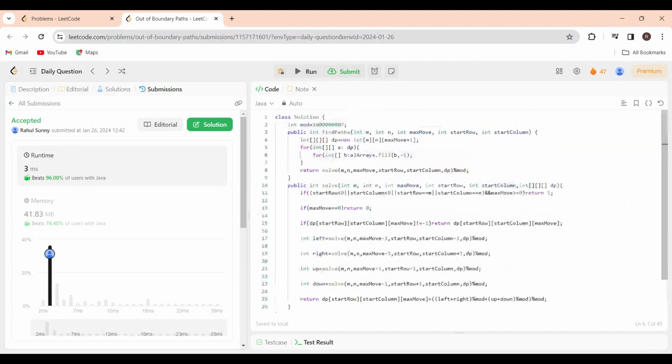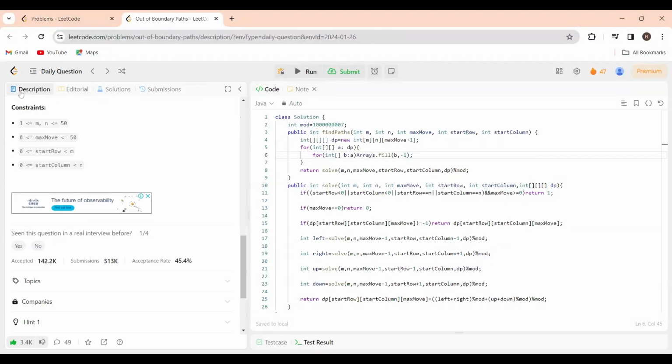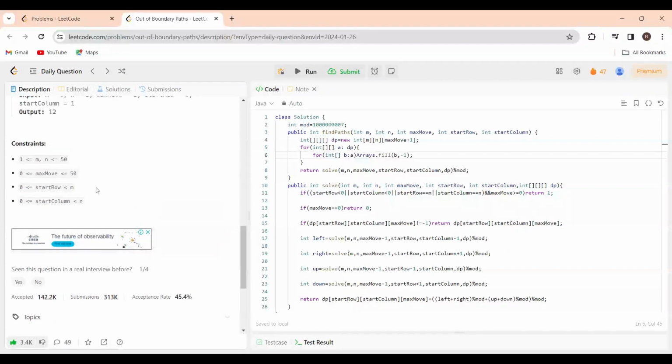And coming to the time complexity of the problem, we are going to every part of the grid, and we are only moving max moves, right? So every part of the grid into max moves.